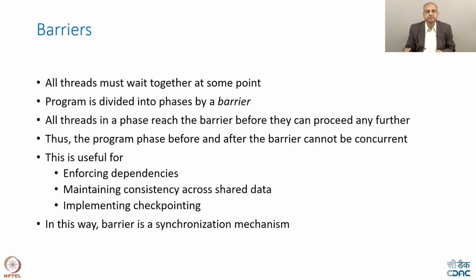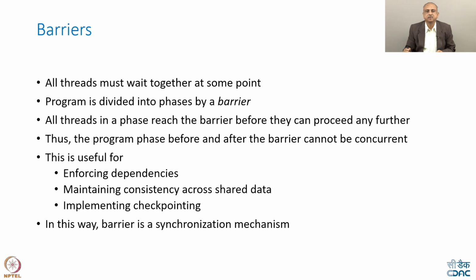Now let us see how barriers are implemented for threads. The concept is that while all the threads are running, some threads are going to finish first, some threads are going to finish later, just as in case of vehicles arriving at different points in time at the level crossing.